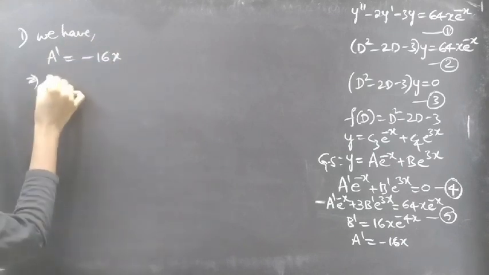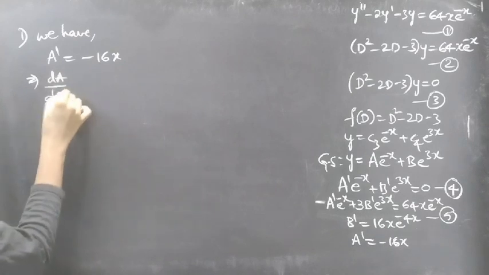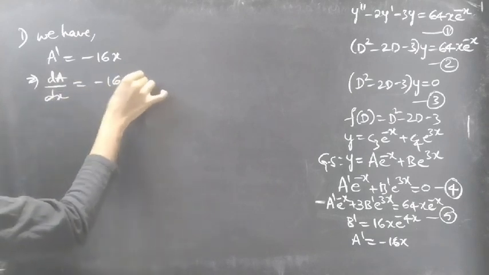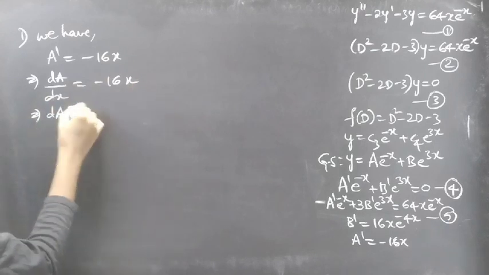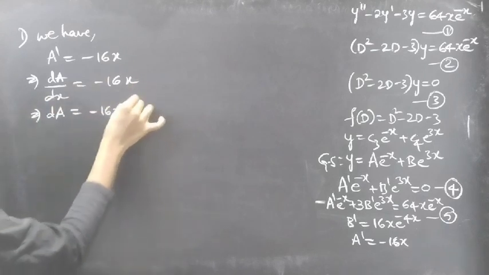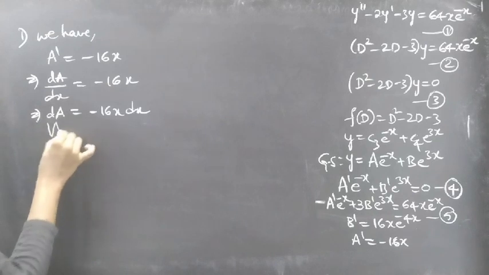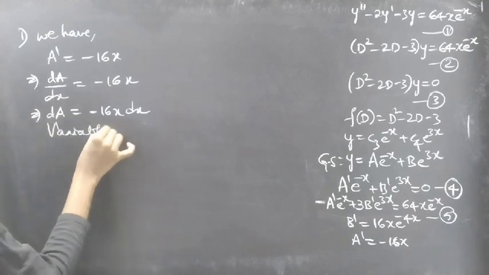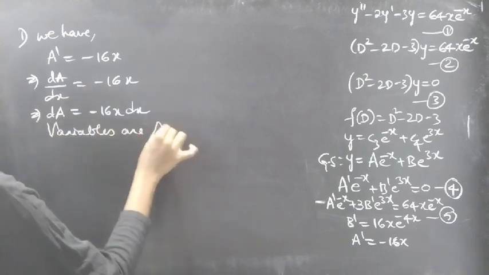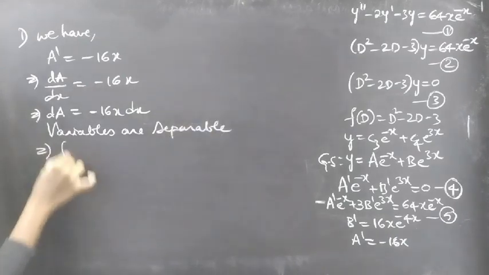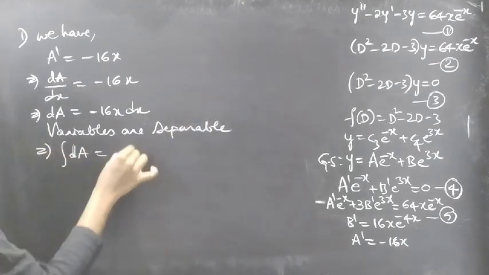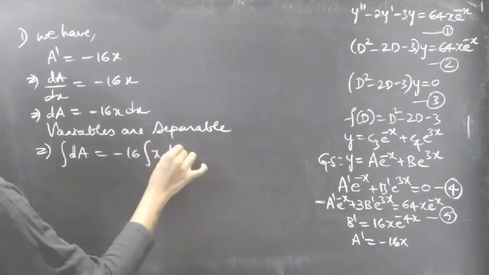A dash is nothing but the derivative of a with respect to x, equal to minus 16x. Let's now separate the variables by taking differential dx to RHS. We'll get dA equal to minus 16x dx. Here the variables are separable. Let's now perform integration. Integral dA equal to minus 16 integral x dx.